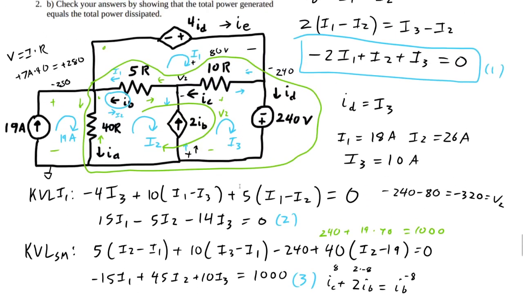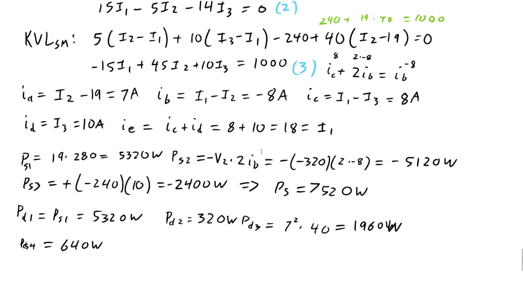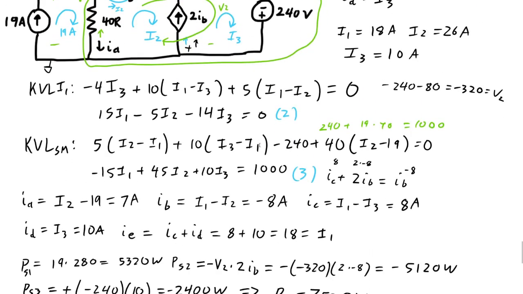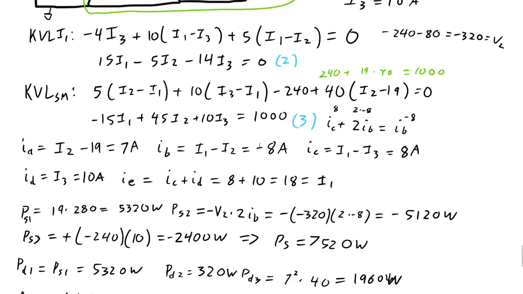10 ohms, I see, 1960, 640. Did I forget to calculate something here? Because we have 2400.